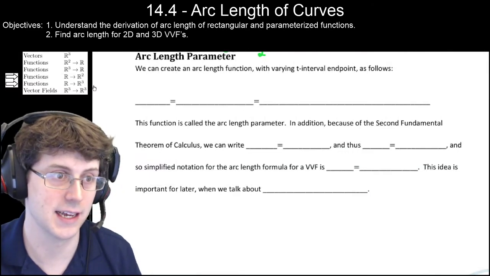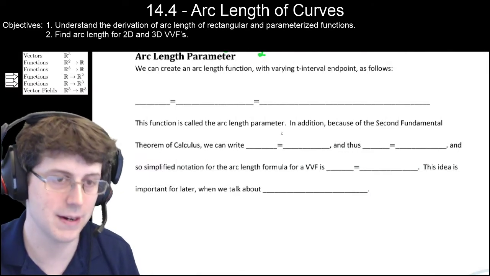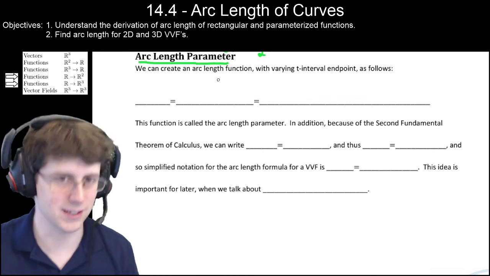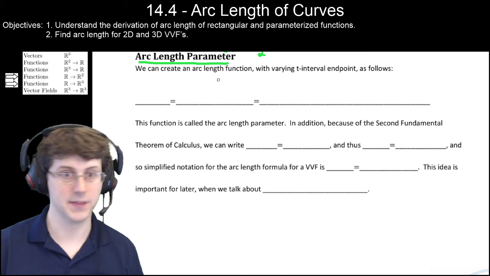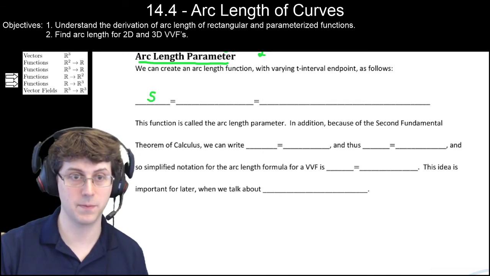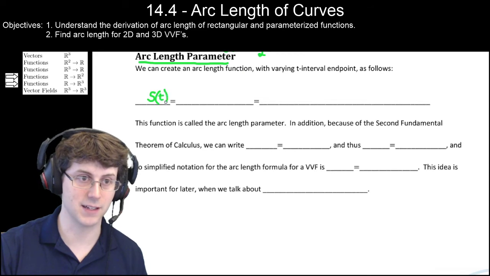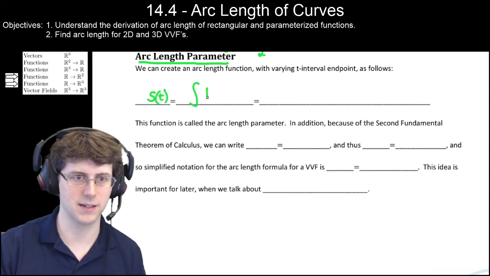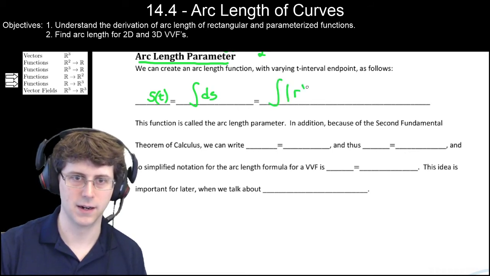The best parametrization is to use the parameter arc length. Now, this is going to get awkward, but let's see. We already have an arc length function, which is that s of t is the integral of ds, the integral of the speed, r prime.